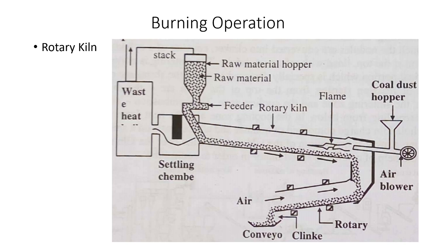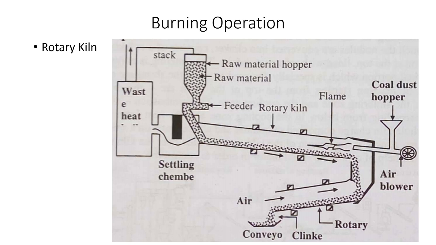So for the wet process, we just now discussed the wet and dry process. This is the actual length of that rotary kiln, the cylindrical furnace. Its length depends on whether we are going to feed the raw material by the wet process or dry process.